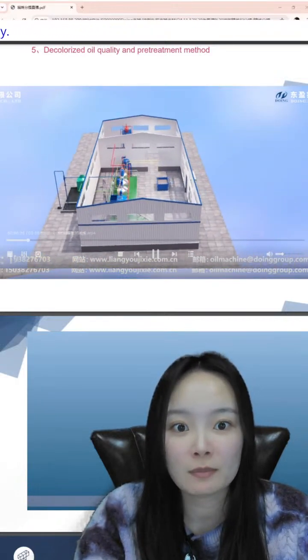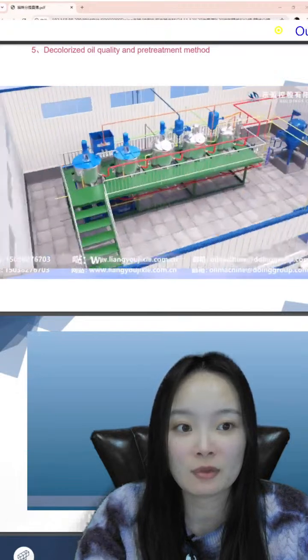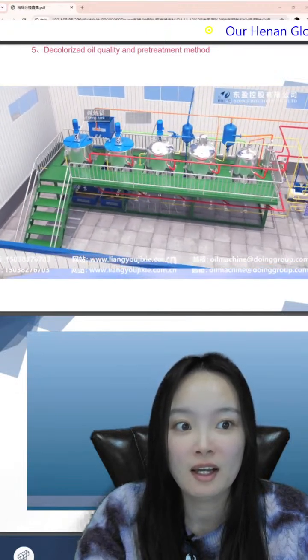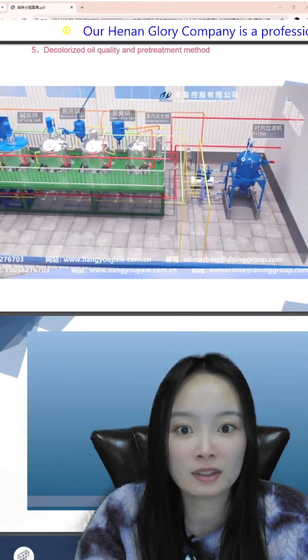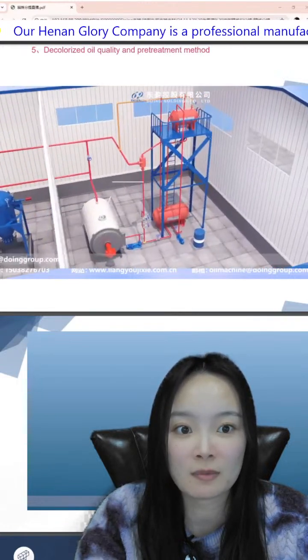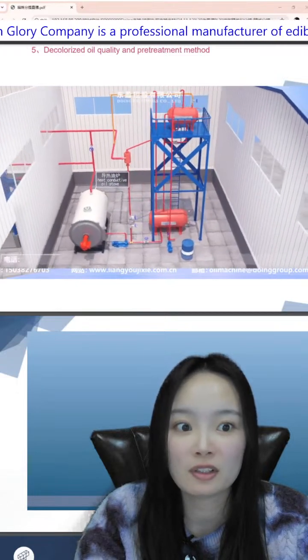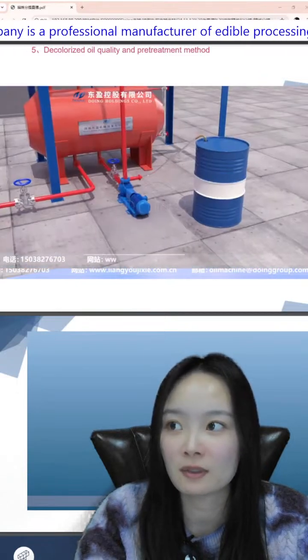The main equipment of the intermittent refining workshop is the alkali refining pot, the decolorization pot, steam generator, plate filter, thermal oil furnace, and so on.